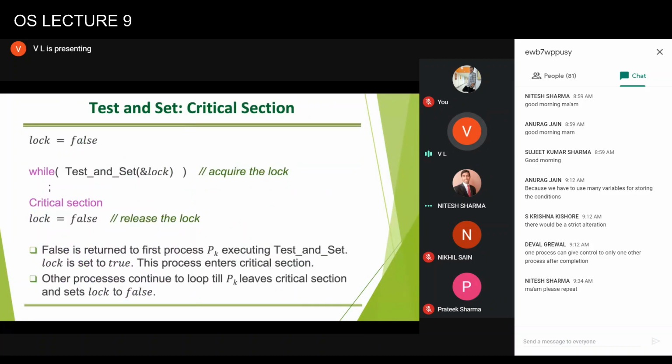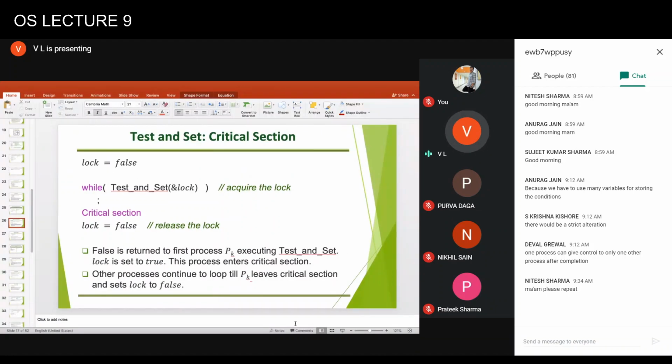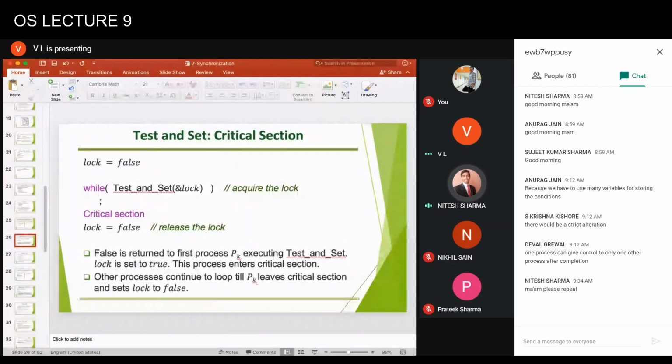Then I said how the locking and unlocking mechanism can be used for critical section implementation. Ma'am, actually to me, only one slide is visible at the moment. I think I need to rejoin. Let me see my scenario. Other people, can you see the slides? Yes, ma'am, now I can see this. Okay, is that okay? Yes, ma'am.